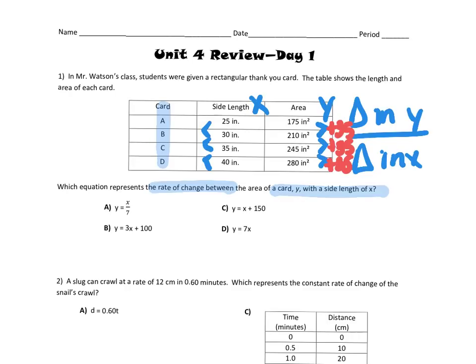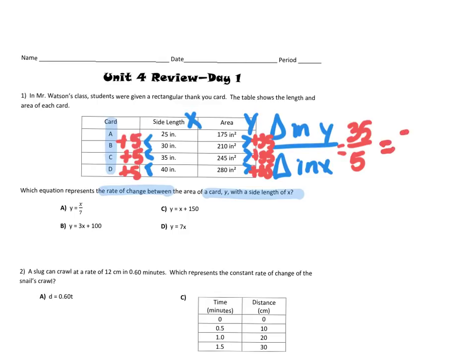Okay. And then the change from 25 to 30 is plus 5, plus 5, plus 5. Okay. So the change in y over the change in x is 35 over 5, which is going to be 7.